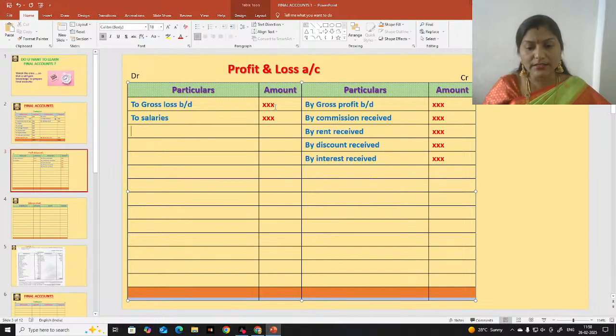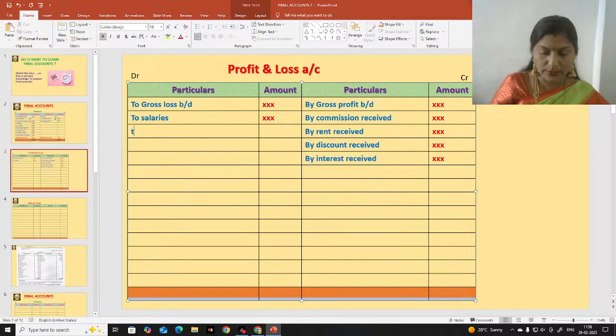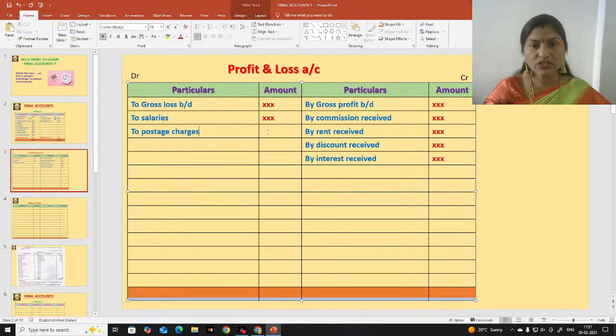So salaries is one item that we are going to record on the debit side. And next item is to postage charges. Postage charges also we record here. Okay, and next, these are regular items, students.